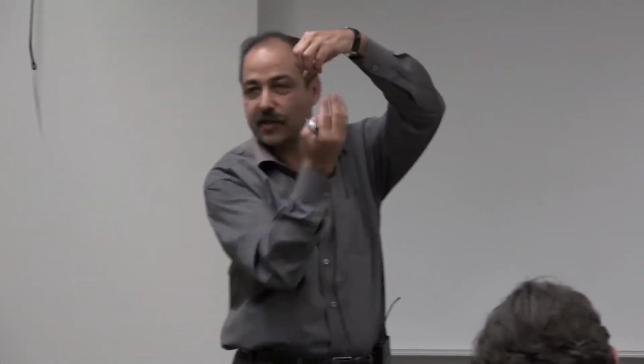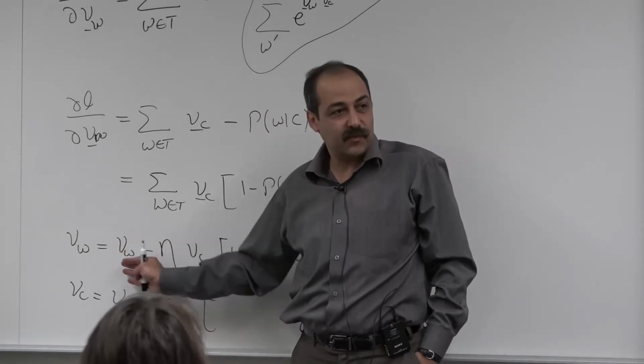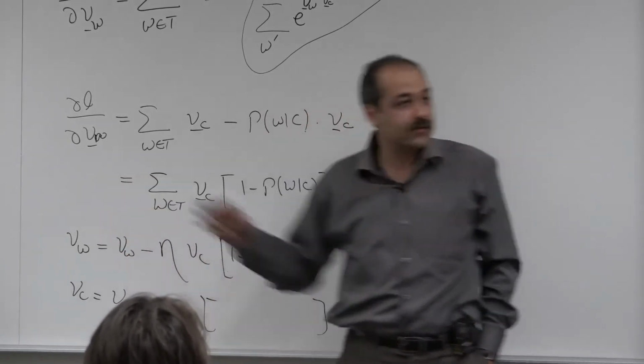But the set of all words and the set of all contexts are the same, right? Any word can appear as a word or as the context of another word, because if you have a window, you go over all of them. But at the end of the day, you have two different sets of vectors: a set VW and a set VC.